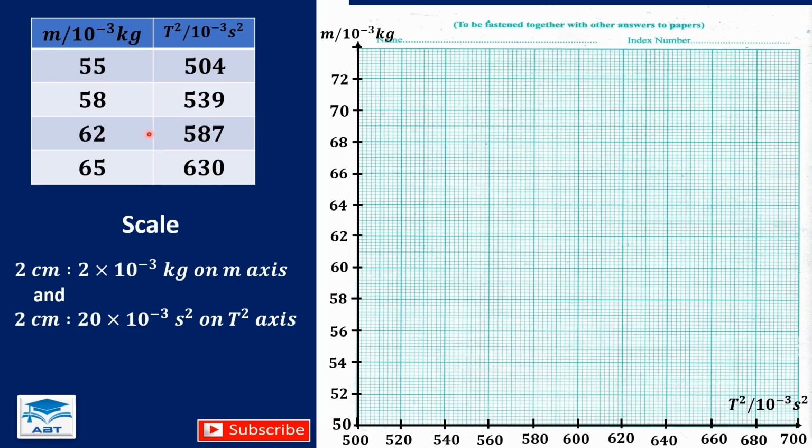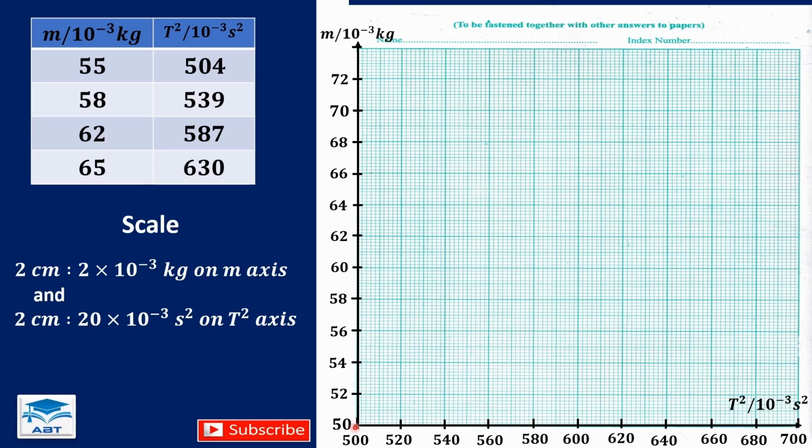Now for the first point, we have 55 on m axis. This is 54 and this is 56. So the middle will be 55. And we have 504 on t square axis. On t square axis, the difference between each big box is 20. And when we divide 20 by 10, we have 2.